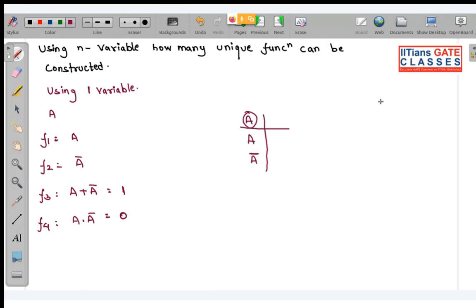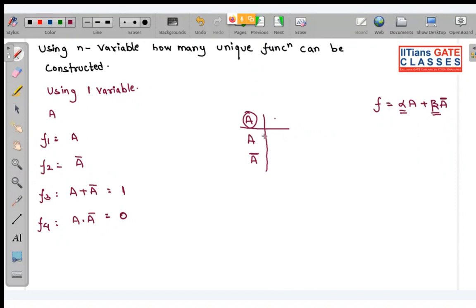Now let me represent this function by alpha A plus beta A complement. I can write it for different values of alpha and beta and generate different combinations.